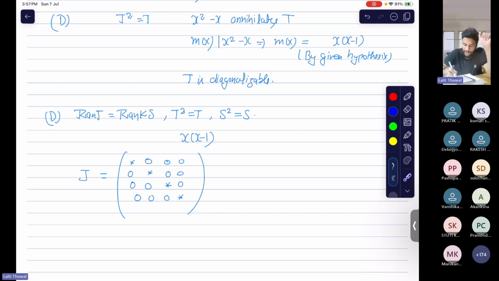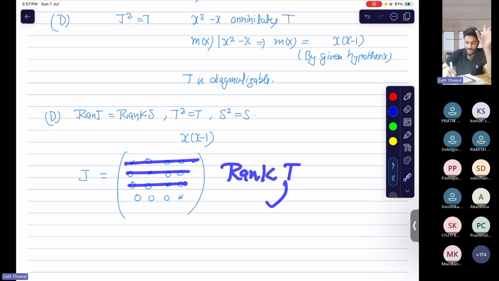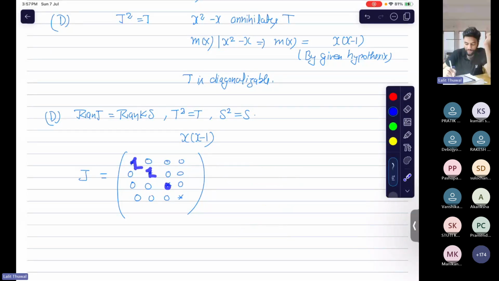If their rank has to be the same, what is the rank of T? It would be the number of ones, because the eigenvalues of an idempotent operator are either 0 or 1. So in the diagonal, either there will be 1 or 0, but the rank of T is equal to the number of ones in the diagonal.